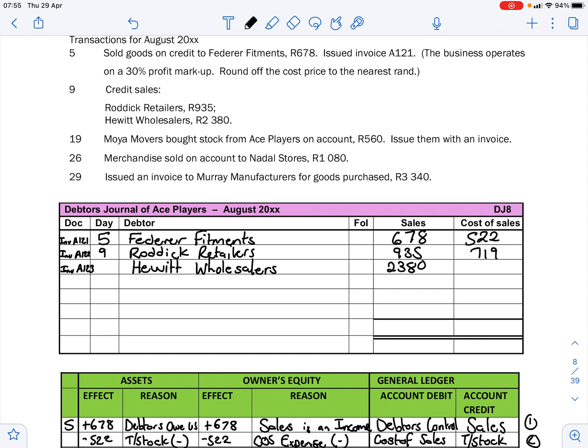Our cost price, we take 2,380 divided by 1.3 as we're working with a profit markup of 30%, and it gives us a cost price of 1,831 if we round that off correctly.